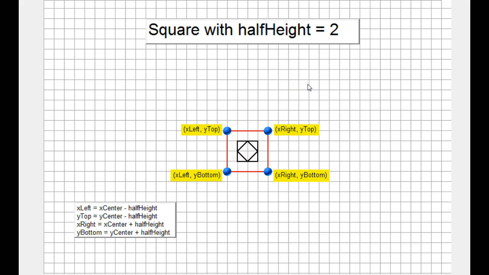Basically, what we need to do is make sure we're picking the correct coordinates for x left, y top, and all that, depending on whether we're drawing a square or a diamond, and then make sure we're correctly updating all of these as the half height changes.